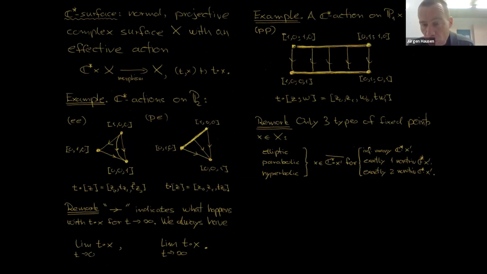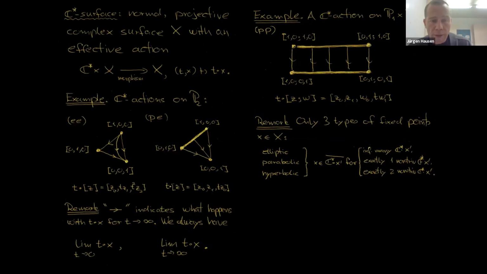It's called parabolic if it's in the closure of exactly 1 non-trivial C-star orbit, and hyperbolic if it's contained in the closure of exactly 2 non-trivial orbits. It's already a nice exercise to show that for any normal C-star surface, there are only these 3 types of fixed points.